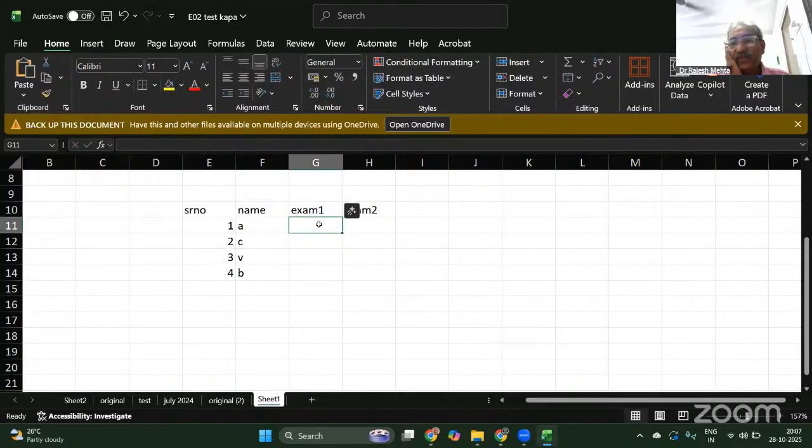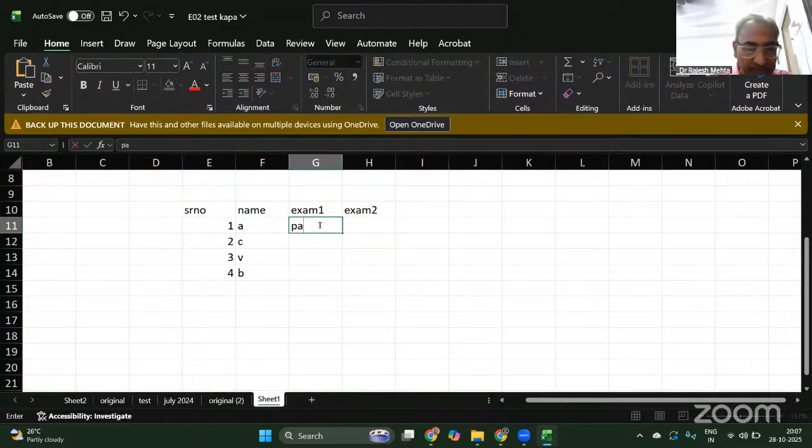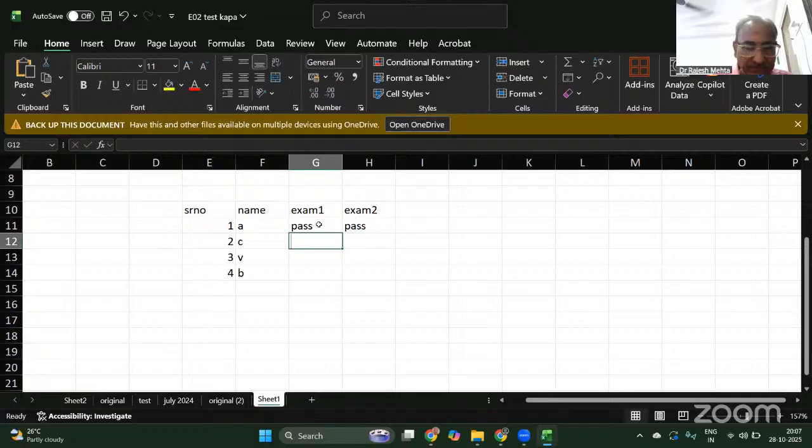Examiner one says that you are pass. Examiner two also says yes, pass. And sometimes one says pass and the other says you are fail.